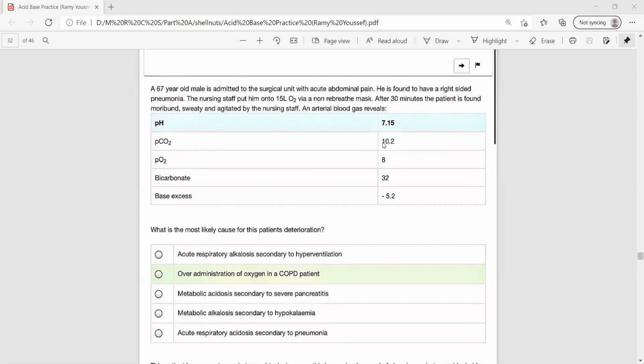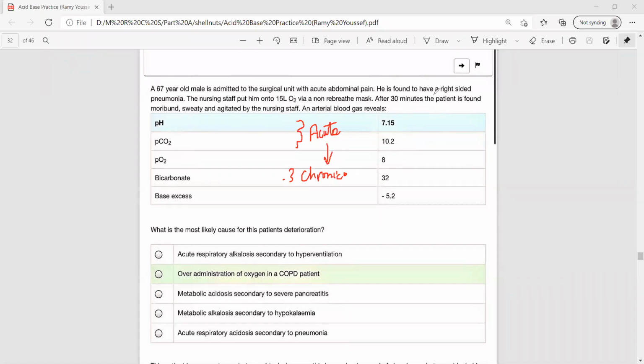That's why the CO2 is very high, and that's why his pH is very low because of the acute condition. So these two explain the acute condition, and this one explains the chronic condition. So this is acute on top of chronic.